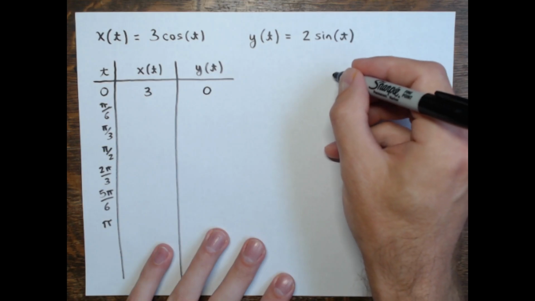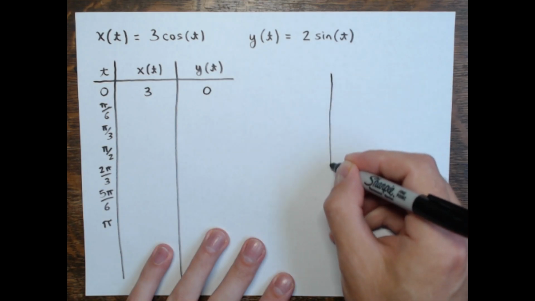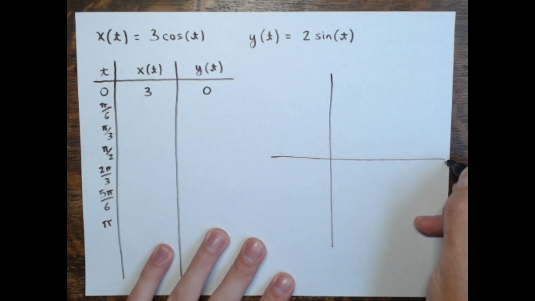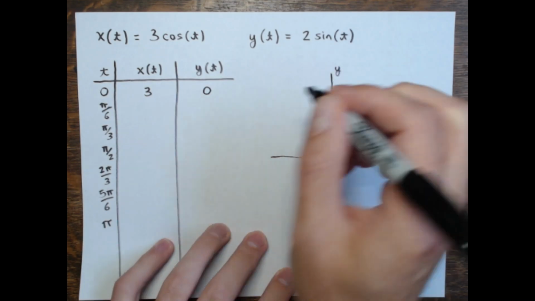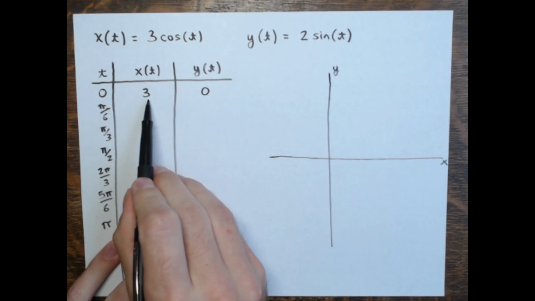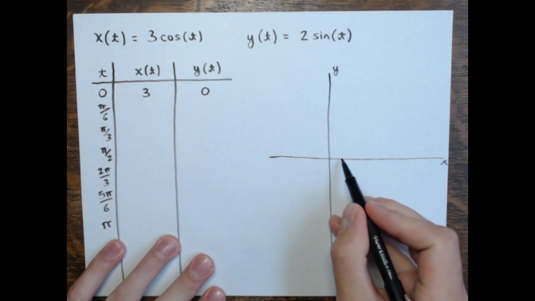So on the xy plane, just making a rough sketch here, we'll go to that Desmos calculator in a second. Plotting the point 3 for x, 0 for y, right?